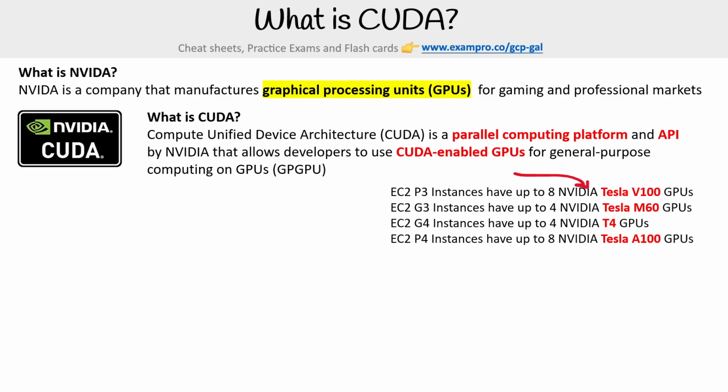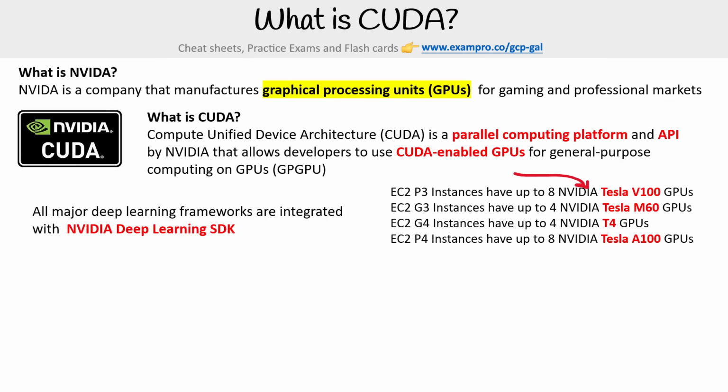Another thing I want to point out with CUDA is that all major deep learning frameworks are integrated with NVIDIA deep learning SDKs. There's a big fight or war over these companies that make GPUs and CPUs because they really want theirs to be used for machine learning. So you can definitely be sure that AMD probably has some kind of similar offering, and definitely Intel as well.